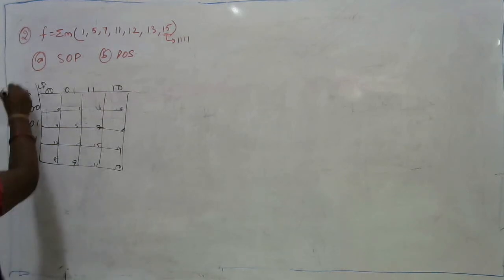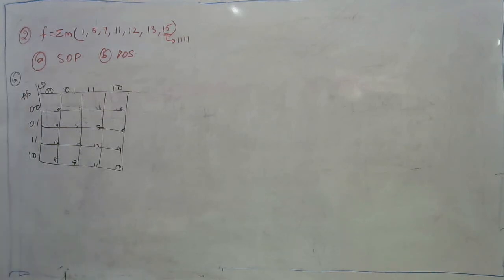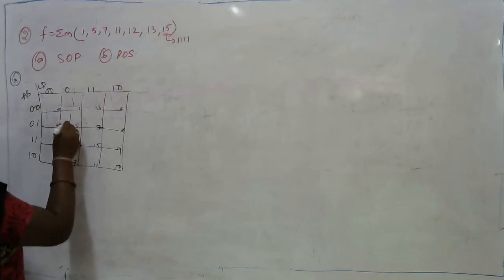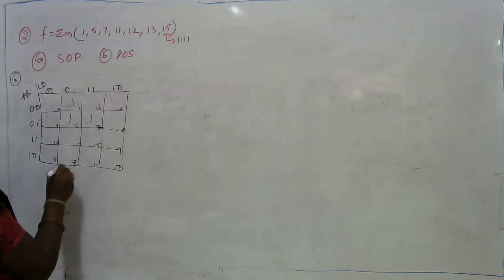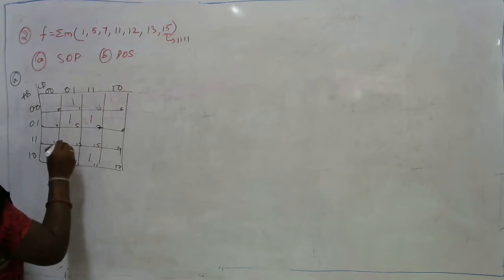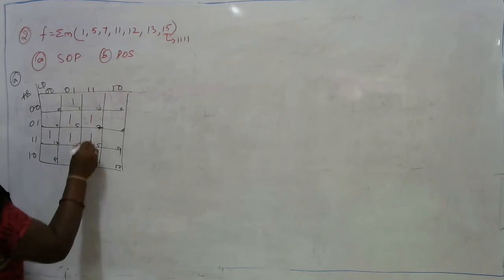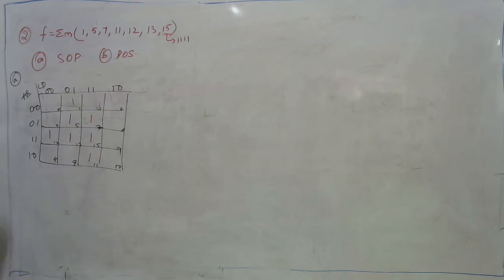So as I am performing it for an SOP, the given numbers are 1, 5, 7, 11, 12, 13, 15. Now as I have told you previously, first go for the more number of ones.